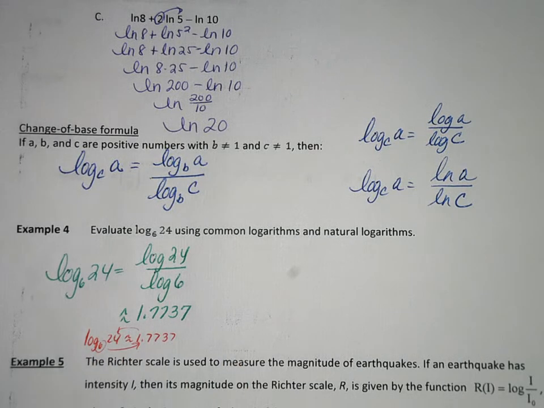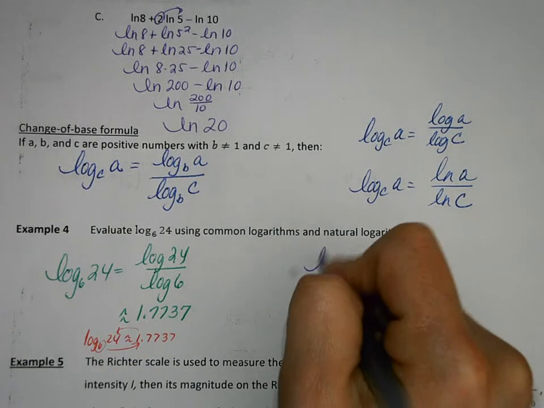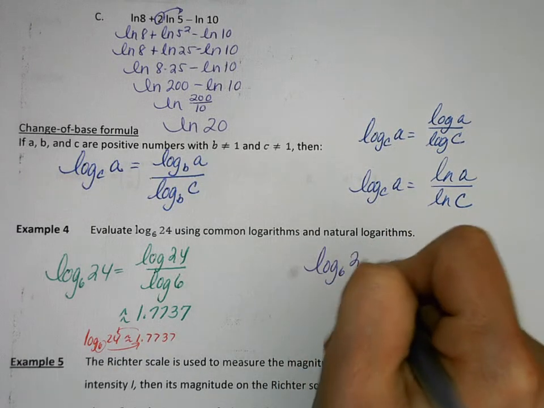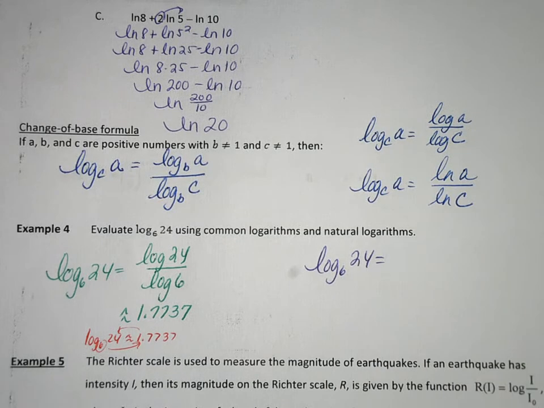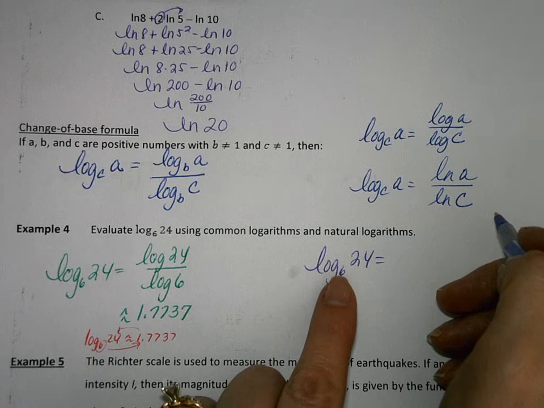Now, I did not have to change it to log base 10. I could have done log base 6 of 24, and I could have changed it to the base of e. I could have changed it to base 3 or base 5 or base 9, but they're not going to help me like base 10 or base e, the ln. So, let's try it out here. Log base 6 of 24.